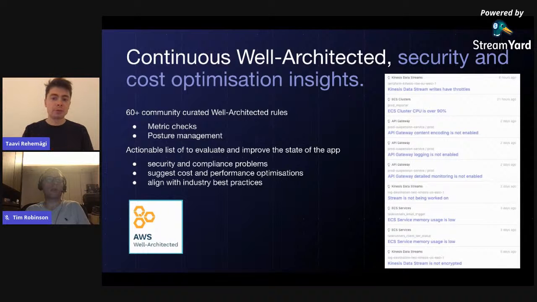Are you perhaps over provisioned, so you have the ability to save a bit of money? Should you be encrypting your databases? Should you have detailed monitoring or logging enabled? There are a lot of different things across the pillars, actually across security, cost optimization, performance efficiency, and operational excellence, that we provide to you. So you end up with this actionable list of items.